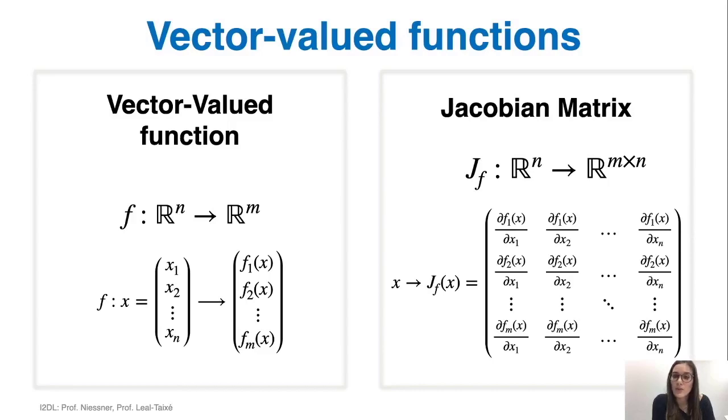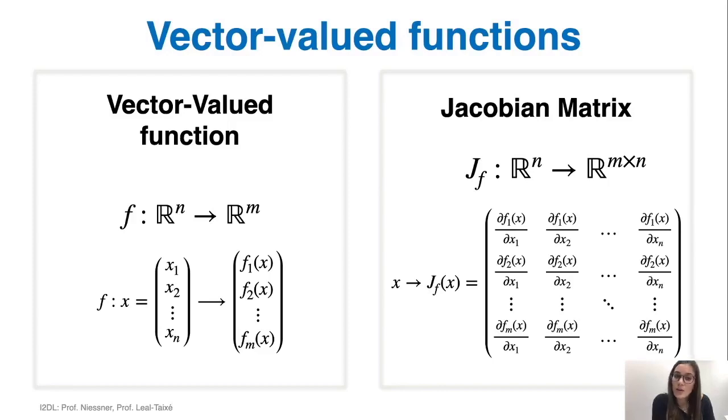So look at the first row of this matrix. The first row is given by the partial derivatives of this function f1, which has been a function from Rn to R, and the row is given by all the partial derivatives with respect to the first variable x1 up to the variable xn. And this is the first row.